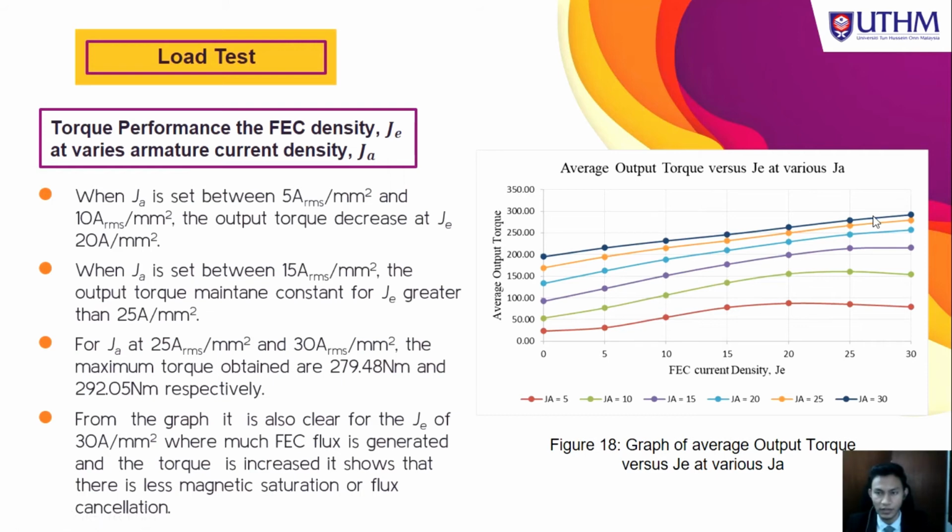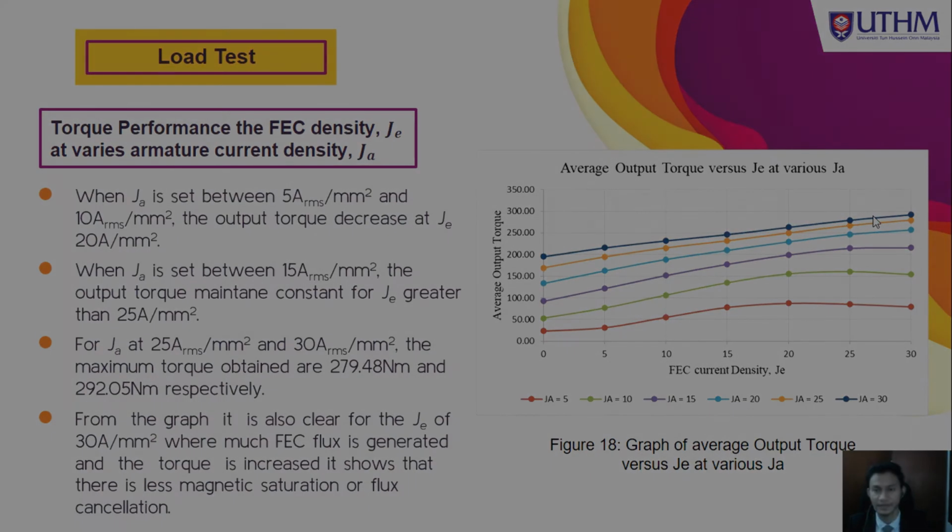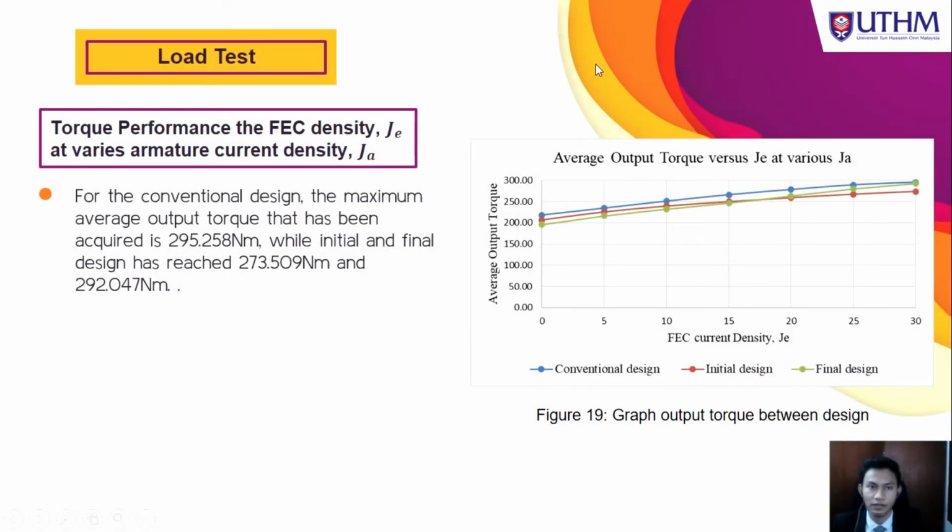So what I can say from the graph, it is so clear that for JA, where much flux FEC is generated and the torque is increased, there is less magnetic saturation or flux cancellation.